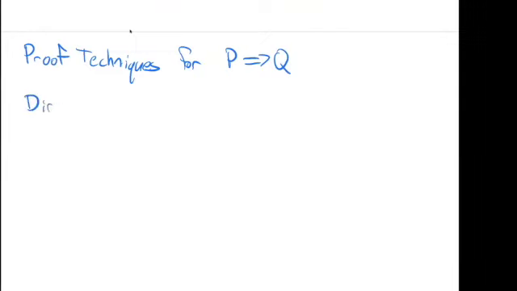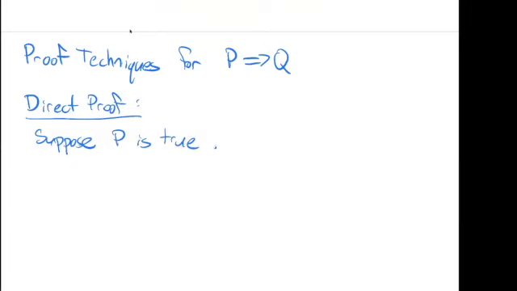We've talked about direct proof, which is suppose P is true, therefore, Q is true. That's kind of the most natural way that you probably would think about trying to prove something.